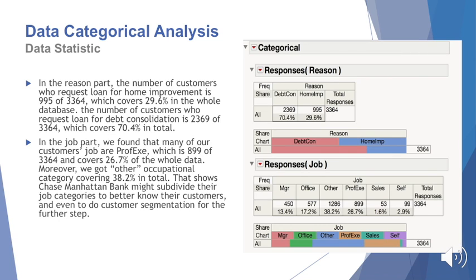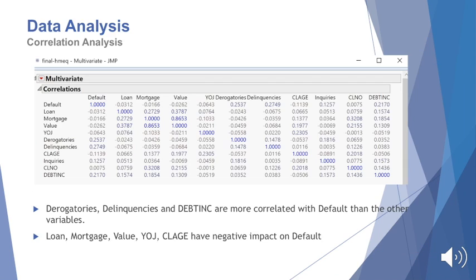Next, let's welcome Megan to continue with the correlation analysis. Thanks, Elina. Now we are going to have our correlation analysis. In order to better understand all the variables and the correlative relationships between them, we did a correlation analysis. As we can see from the picture, we put all the factors into the correlation analysis.